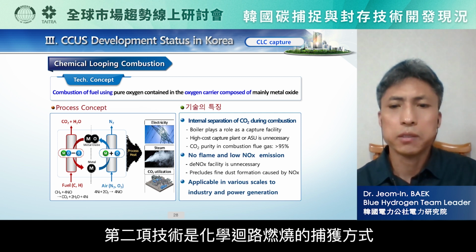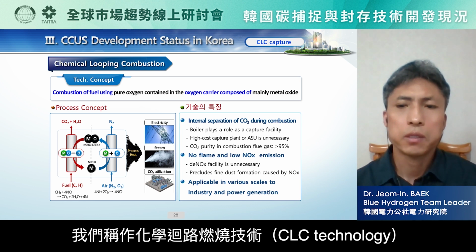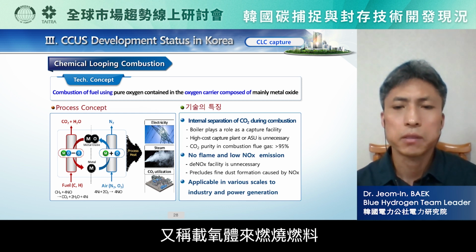Next technology is chemical looping combustion capture. We call it CLC technology. In this technology, fuel is combusted with pure oxygen contained in the solid particle called oxygen carrier.